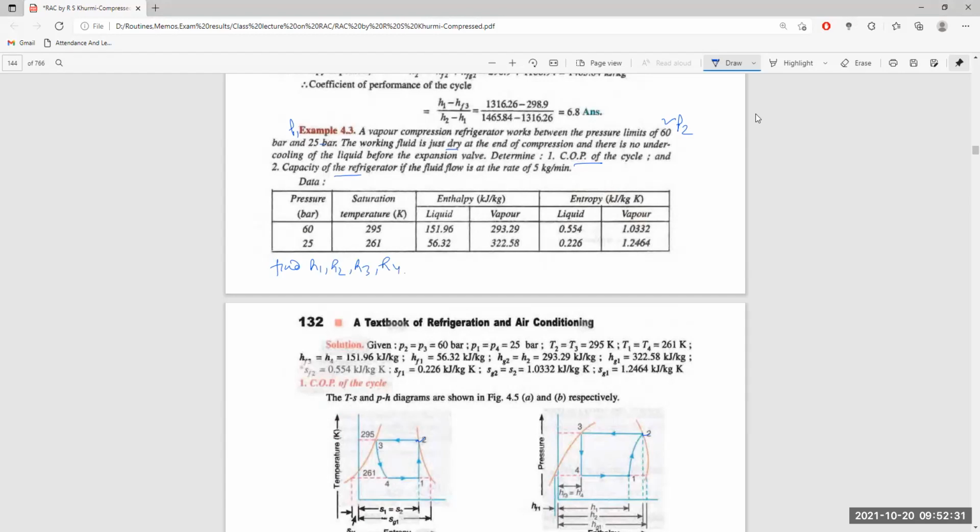If you know these, then you can calculate the COP, which is given as H1 minus H3, divided by H2 minus H1.